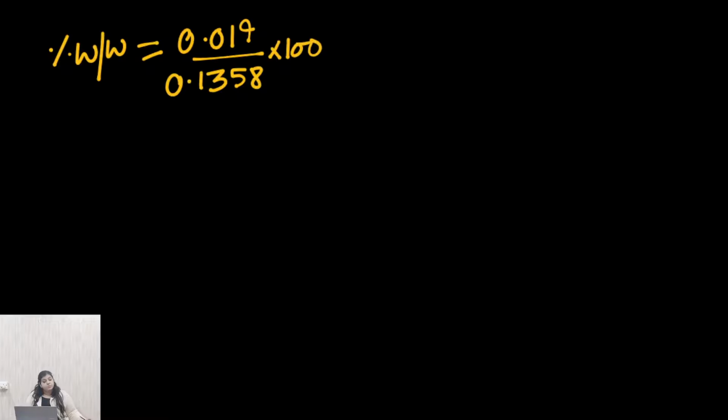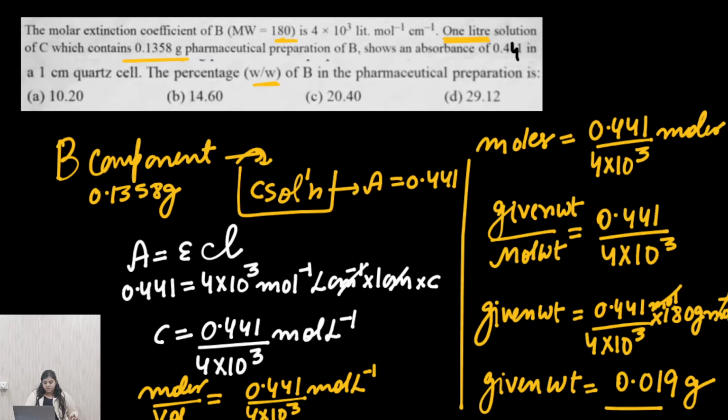We are finding the percentage, so multiply it with 100. The value you are going to get is 14.6%. So this is the weight by weight percent composition you will be obtaining. So the correct answer becomes option B. B is the correct answer in this case.